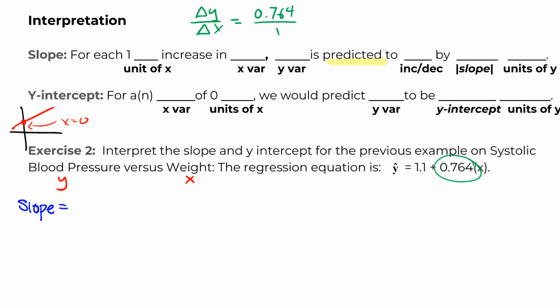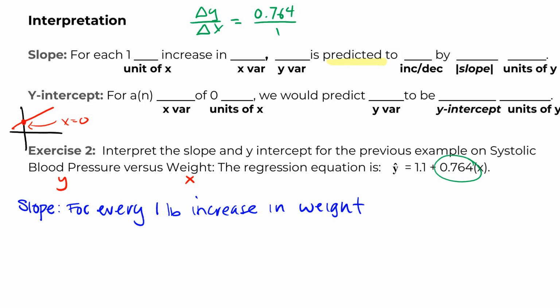We would say, for every, I like "every" more than "each," it doesn't really matter, for every 1, and then our units of x, we just want to make sure that we're being consistent here. Weight in that particular example is 1 pound increase in weight.